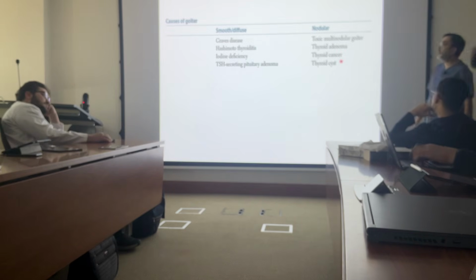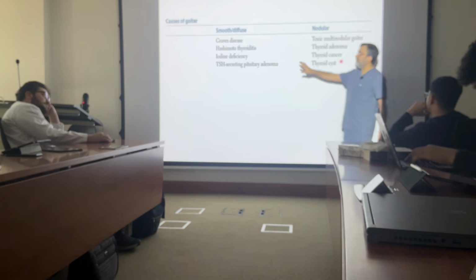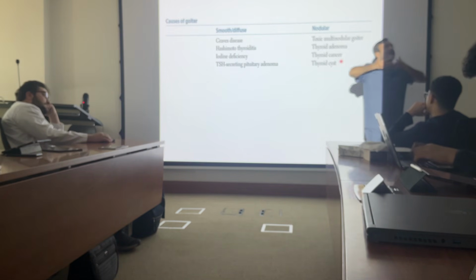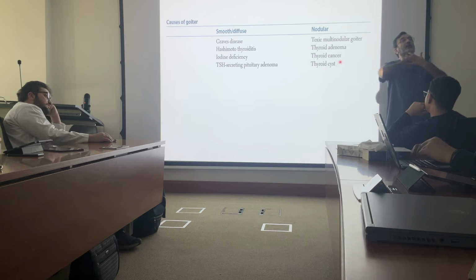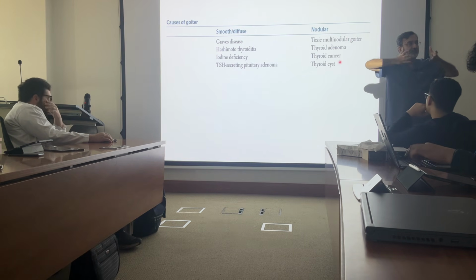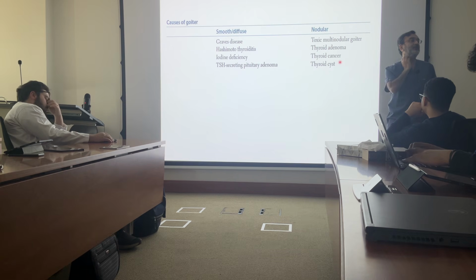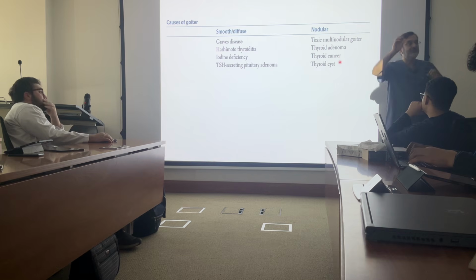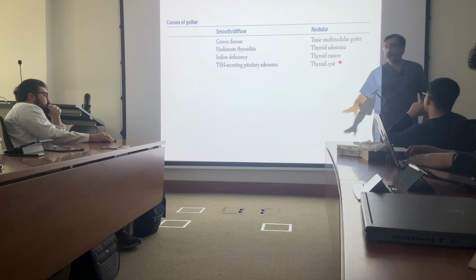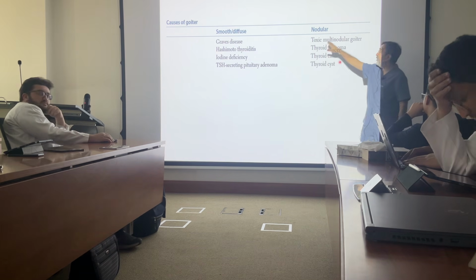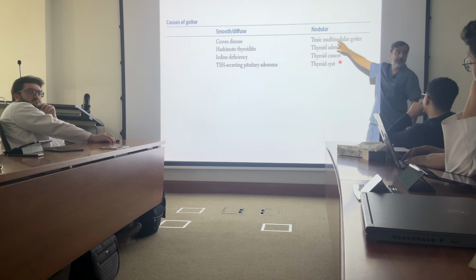There are two types of goiters: a smooth diffuse goiter, where the gland is diffusely enlarged, or you might have a nodule, which is enlarged. So it's not smooth, but a nodular type of goiter.